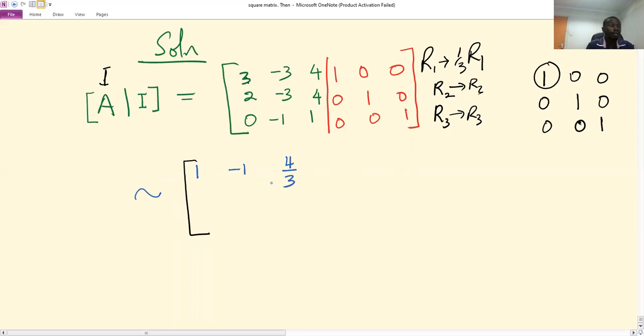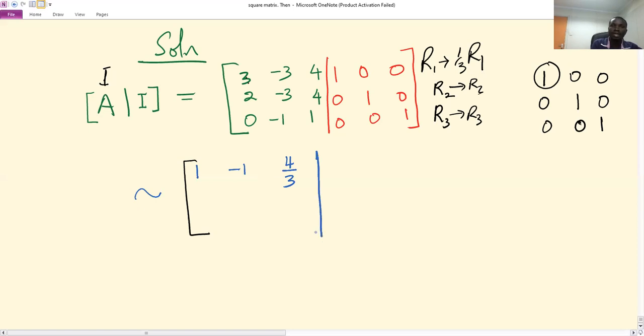Please don't put decimals here. Say 4 divided by 3, you write 1.33. If you put decimals, then there's a high chance you'll make some mistake or round off errors, and that will introduce errors in your calculation. So it is always advisable, once you are doing these calculations, let all your values remain in fractions. Only involve decimals when it is impossible to write that value as a fraction.